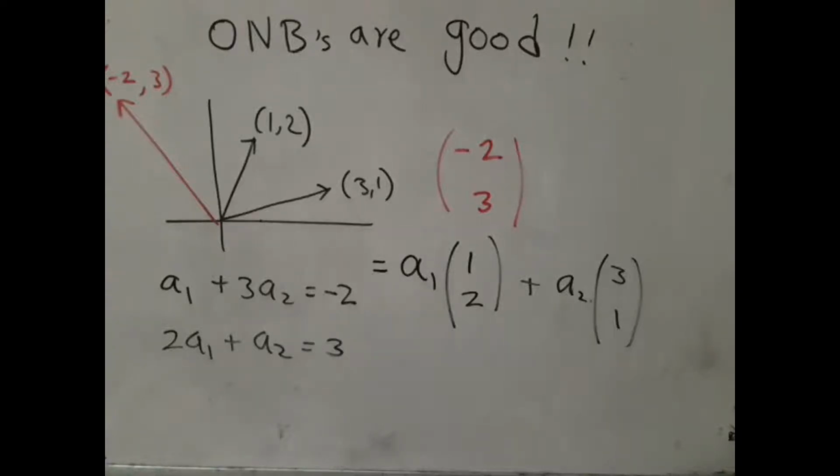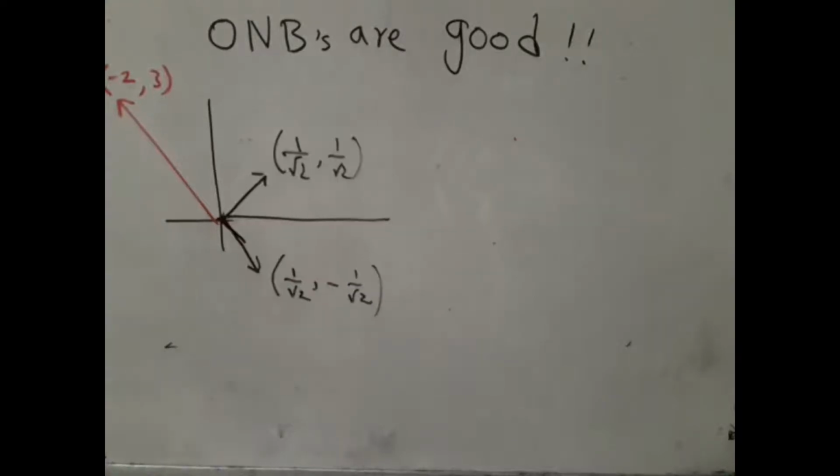However, if I start with an orthonormal basis, O and B, of the same R2, and now I want to express (-2, 3) as a linear combination of these two vectors, I have a simpler way out. I first give names to these vectors.